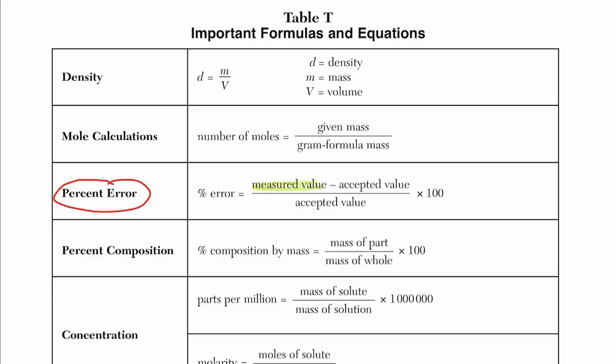The problem is we've got to get the accepted or theoretical value, and they were telling us that Table S has that value. Notice we're multiplying it by 100 to find a percentage. So we're going to compare what the student found, the measured value, and we're going to need that accepted value. So let's write down that formula first, and then we'll go to Table S to find the known or accepted value.